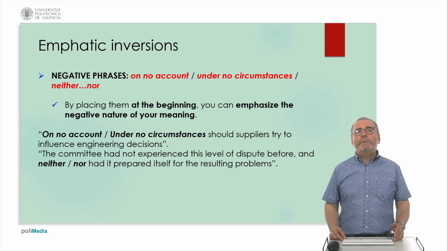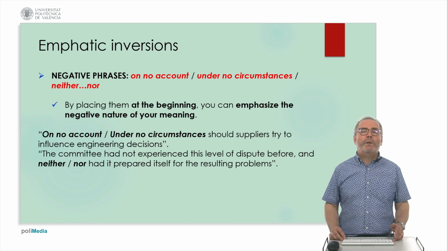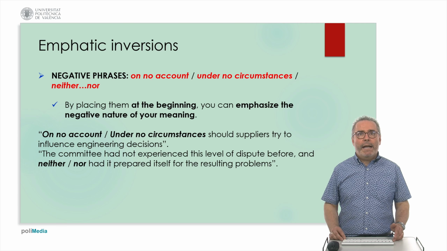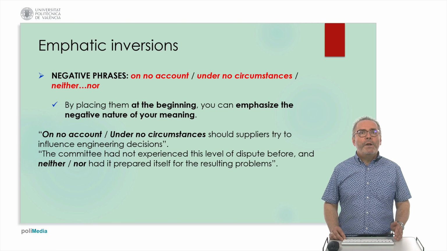It happens also with some negative phrases such as on no account, under no circumstances, or neither nor. And their location at the beginning of the sentence again emphasizes, in this case, the negative nature of the meaning. For example, on no account or under no circumstances should suppliers try to influence engineering decisions.